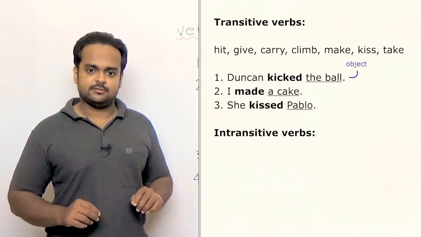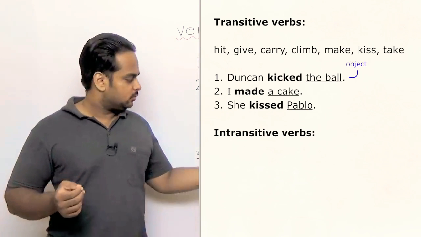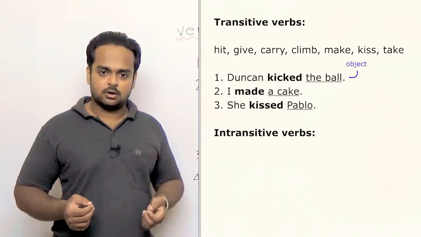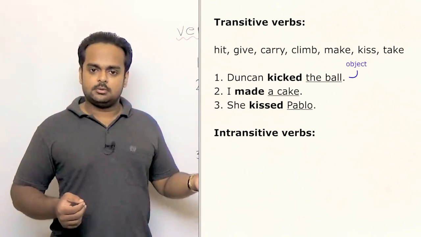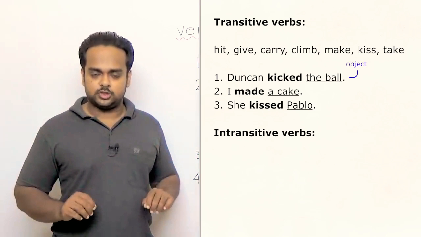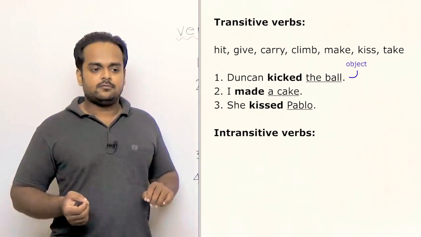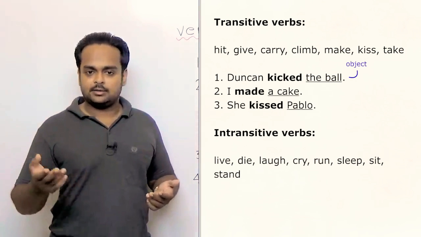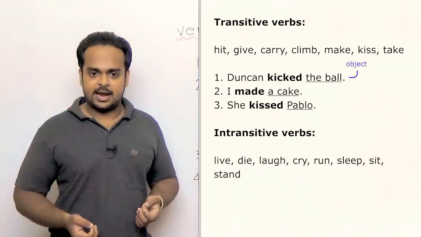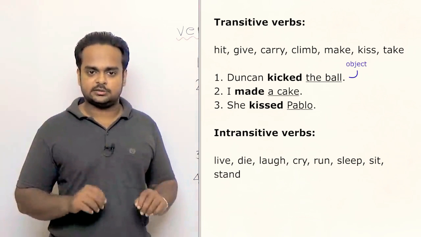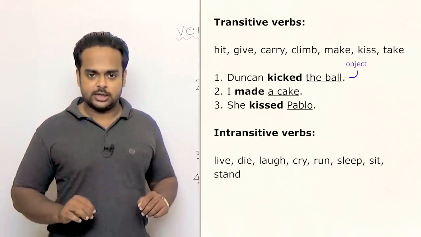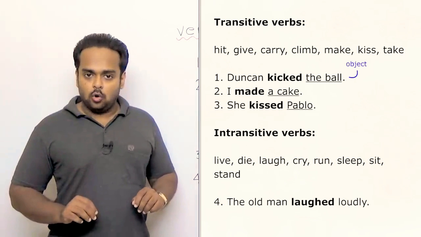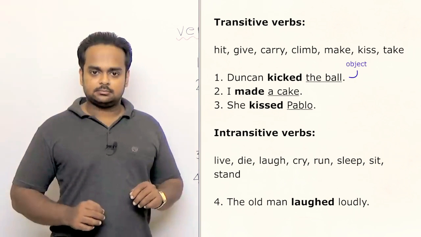What about intransitive verbs then? Can you tell me what it means to be an intransitive verb? Well, that's a verb that does not take an object. For example, verbs like live, die, laugh, cry, run, sleep, sit, stand. These are all intransitive verbs. They don't take objects. For example, "The old man laughed loudly."